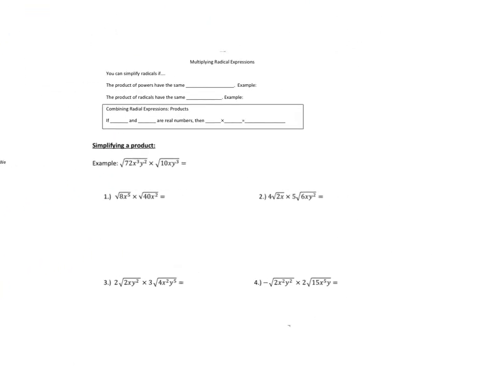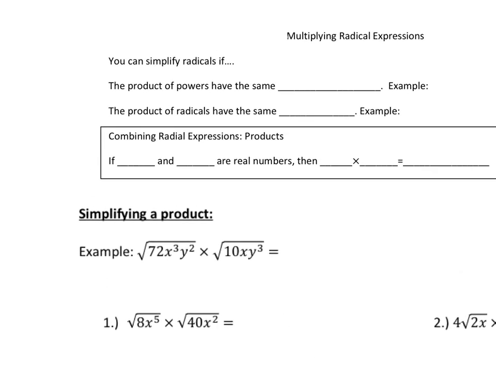So this is going to bring us to scenarios where we can multiply square roots. And this is actually taking us back to previous Chapter 7 stuff, where we can multiply products of powers if they have the same exponent.